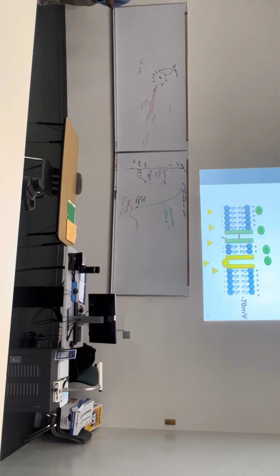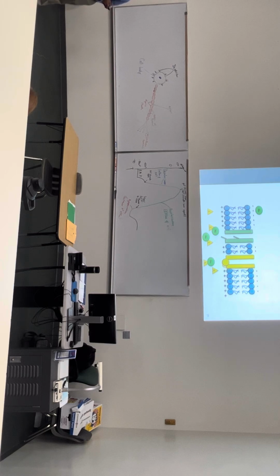So we're going to start at minus 70, some ions moving in, and when it comes to minus 55, sodium channels open, that's here. Which way would sodium move? Into the cell, right? It's positively charged, so this minus 55 will become less and less negative.